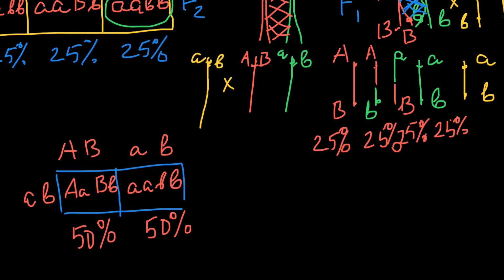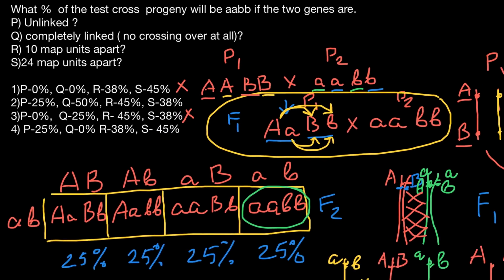Now let's return to our problem. So again, if you remember, we should look for the progeny of the F2 generation which is going to be recessive for both genes, gene A and B. Let's take a look.